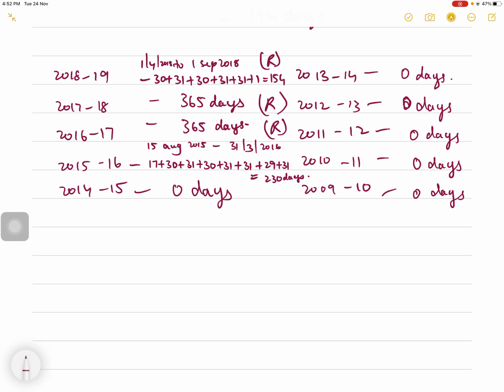And 15-16 also he was resident. And from 2009-10 to 14-15, all the time he was non-resident.